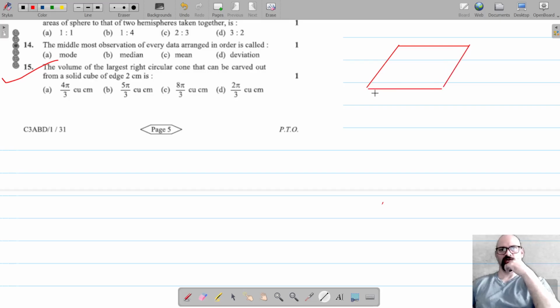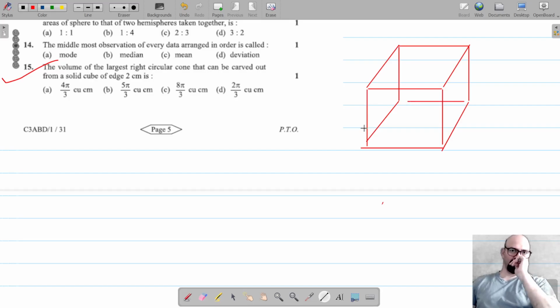We know that for a cube, all the edges are equal. So from this cube, we have to carve out the largest right circular cone. The largest right circular cone that can be carved out would be like this.